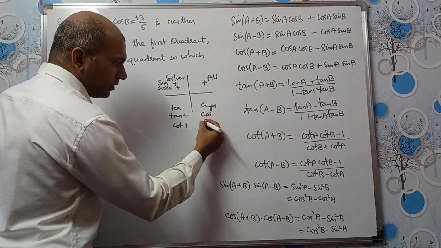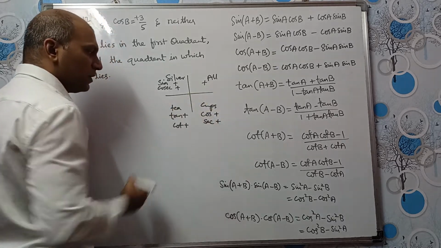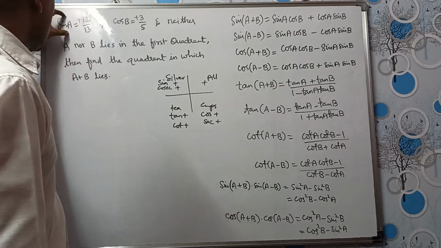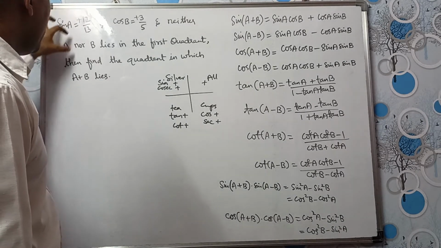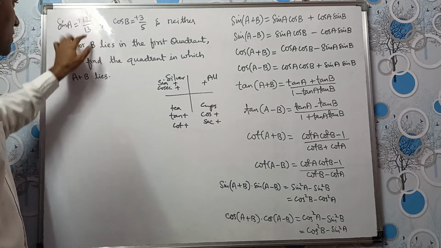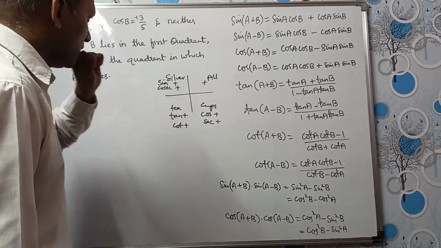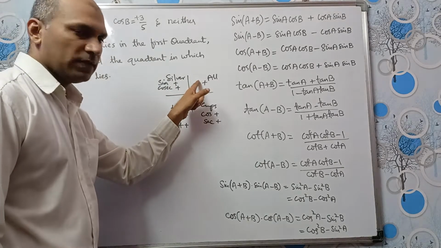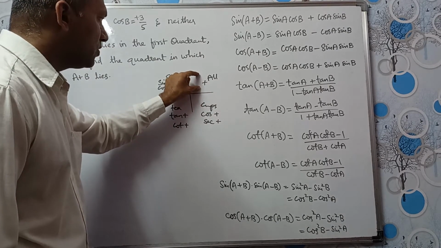Here in the fourth quadrant, cos and its reciprocal, these two are positive and the remaining four are negative. Now sine is positive and A is not in the first quadrant. In the first quadrant, all the ratios are positive, and it is clearly mentioned A is not in the first one.